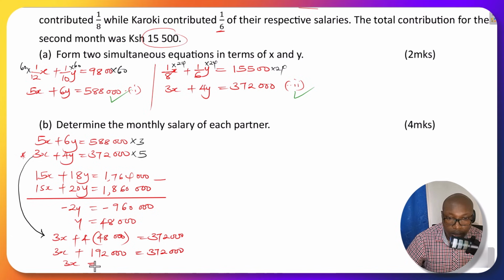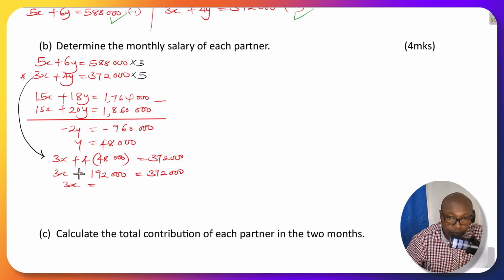So 3x will therefore be given by 372,000 subtract 182,000, that gives 180,000. Divide both sides by 3, you get x to be 60,000.